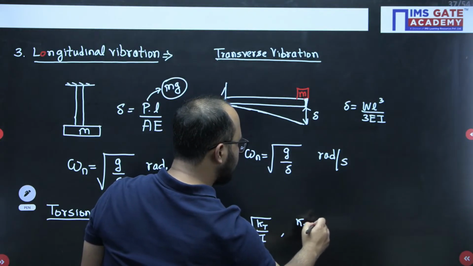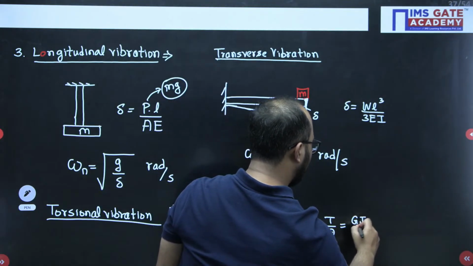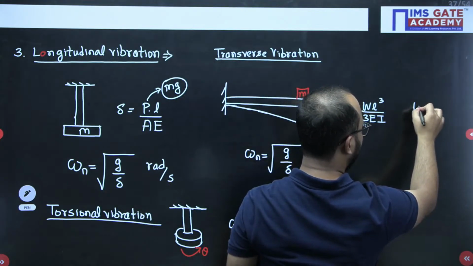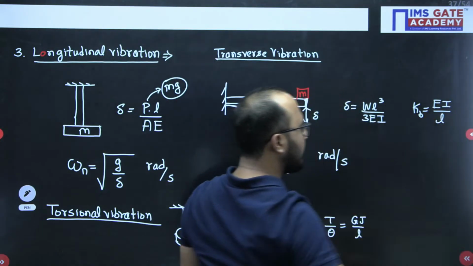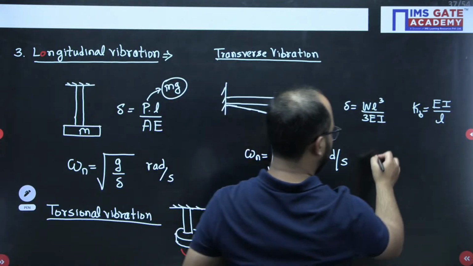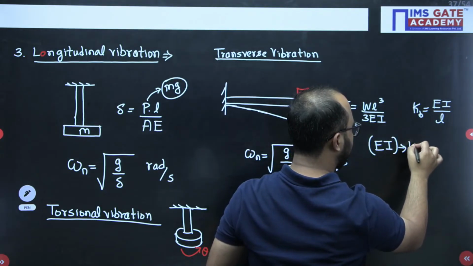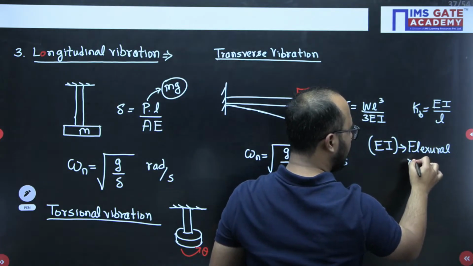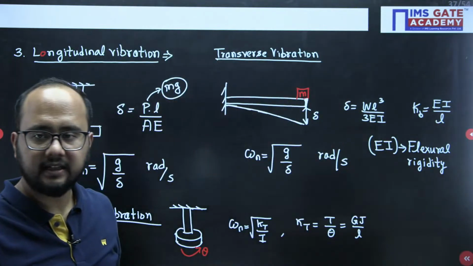Torsional stiffness, which is torque divided by theta, or can be written as GJ by L. In the case of transverse vibration, bending stiffness will be EI divided by L. EI can also be called flexural rigidity. Remember this point. The product EI is also known as flexural rigidity, and actually this was a question asked previously. This you should remember.